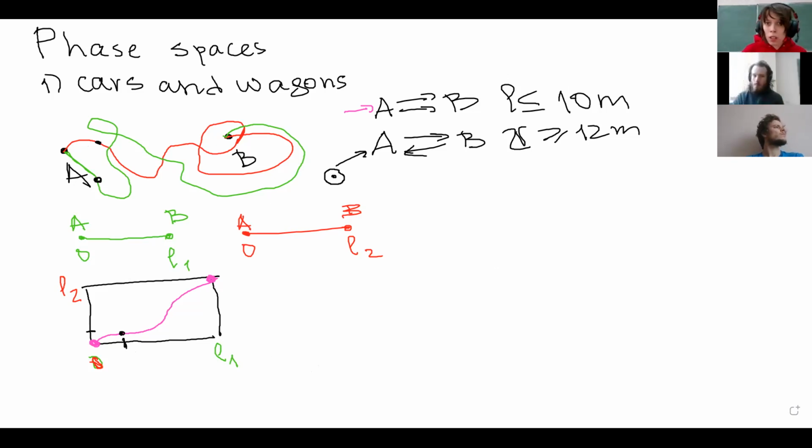And the wagons go the other way. I'll draw them in blue. So the starting point is when the wagon on the red road is at A, and the wagon on the green road is at B. That means that on the horizontal axis the coordinate is L1, and on the vertical axis the coordinate is 0, and they swap basically.